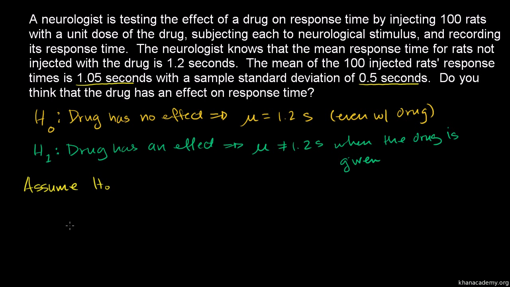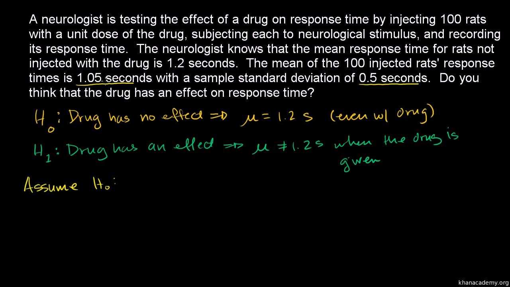If we assume the null hypothesis is true, let's try to figure out the probability that we would have actually gotten a sample mean of 1.05 seconds with a standard deviation of 0.5 seconds. Actually, what we're going to do is not just figure out the probability of this, but the probability of getting something like this or even more extreme than this.